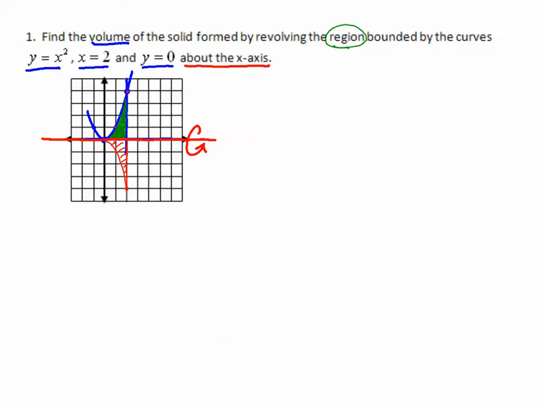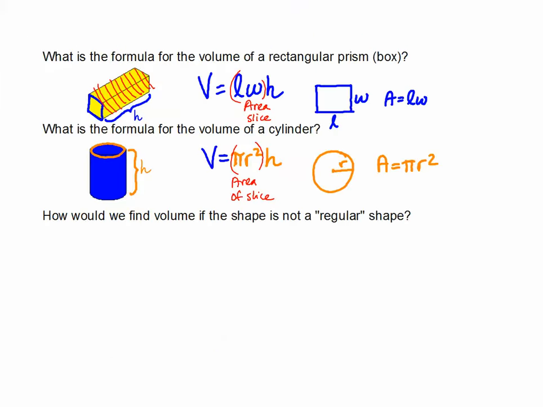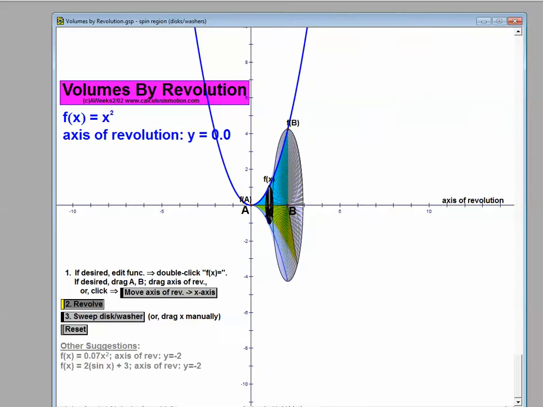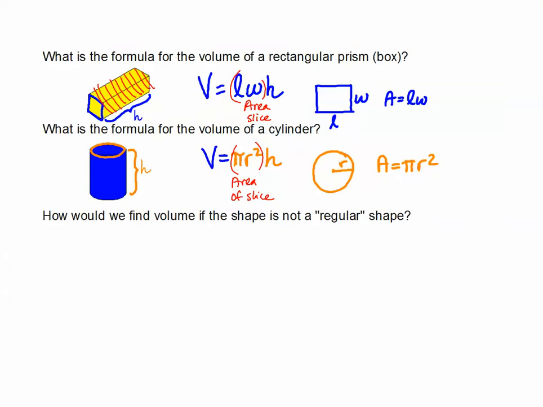Now remember back to when we said what is volume. We said it's the area of a slice of that solid times the height of the solid. Well, if I take a look at this picture and I slice into this picture, well, actually, let's take a step back. I've sliced each of these solids differently. How have I sliced them?